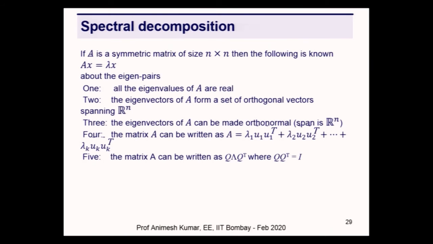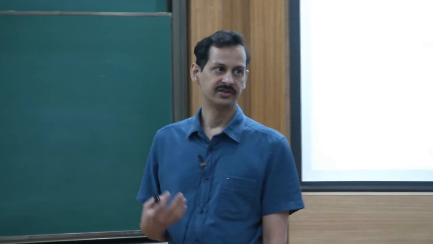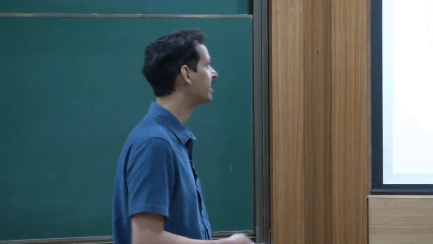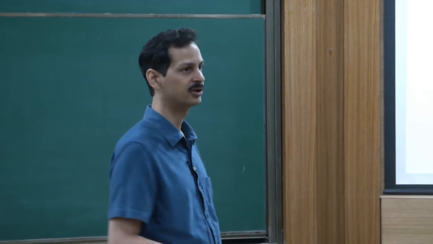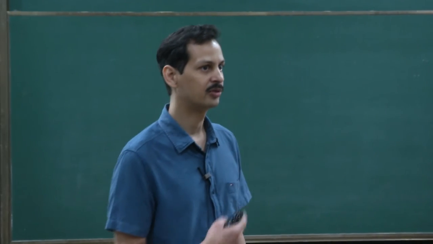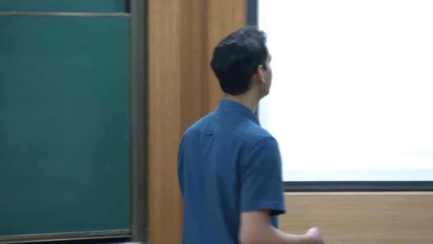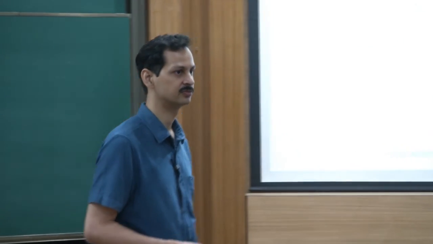So A will have n eigenvalues and all of them are going to be real valued. Typically we obtain eigenvalues by solving a polynomial equation. We know that polynomial equations may have complex roots, and that's why this result is non-trivial, because it says that if you have a symmetric matrix A, then the corresponding polynomial equation which gives me the eigenvalues will only have real roots.